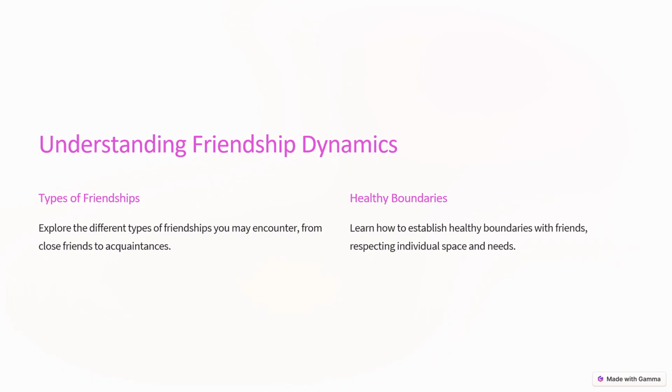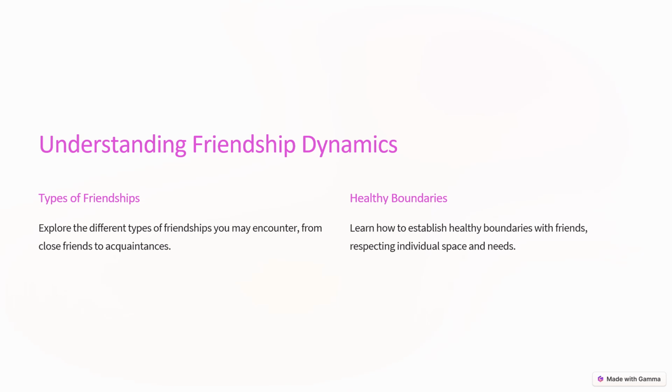So, as we dive in, our first slide is talking about understanding friendship dynamics, which you guys have experience with. We want to understand the types of friendships as well as healthy boundaries. When it comes to types of friendships, you want to explore the different types of friendships you may encounter, from close friends as well as acquaintances.